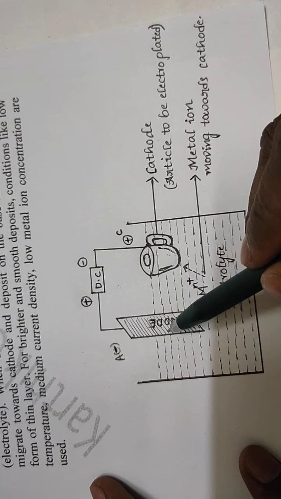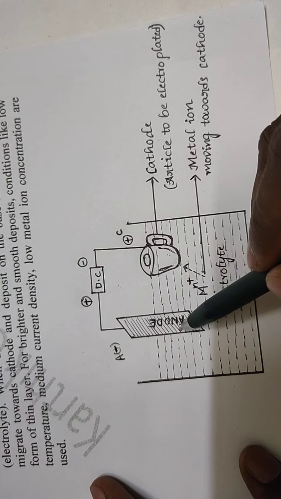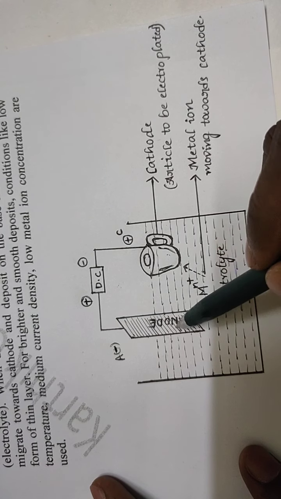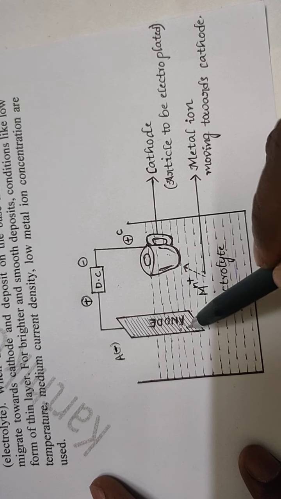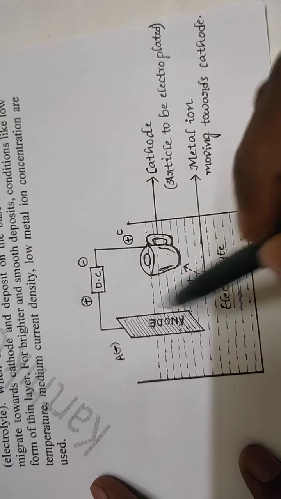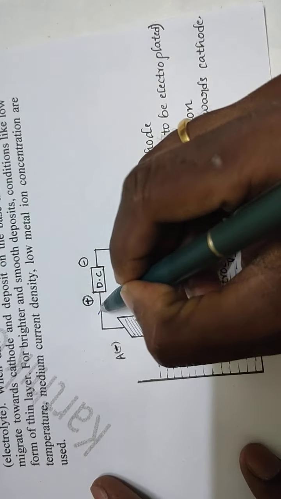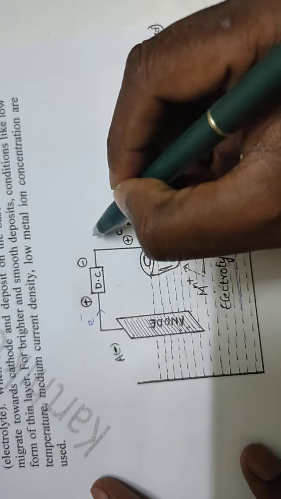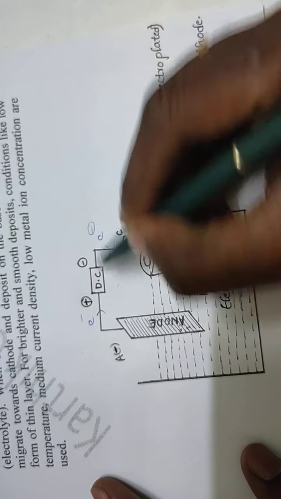So then what happens? Because the coating metal acts as anode, it undergoes oxidation, so it loses its positively charged metal ions into the solution, and the electrons move from anode towards cathode.